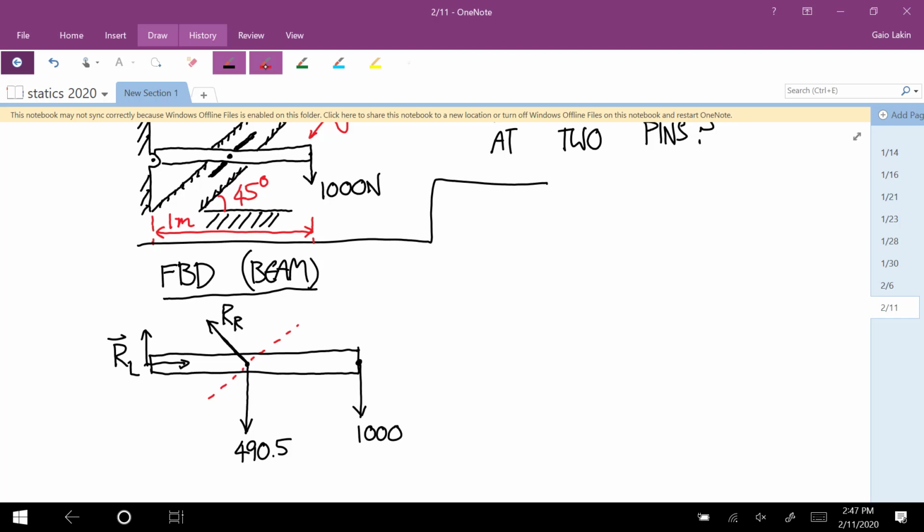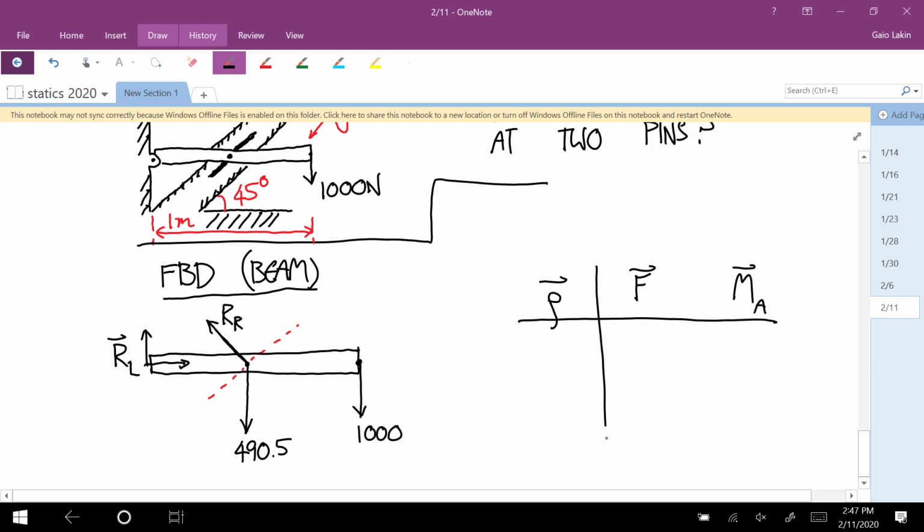Now I'm going to write out this table: row, force, moment. This time, just to save strokes, if you look at the one above, you saw that for 2-dimensional problems, the z components of rho and F are always 0, and the x and y components of the moment are always 0.